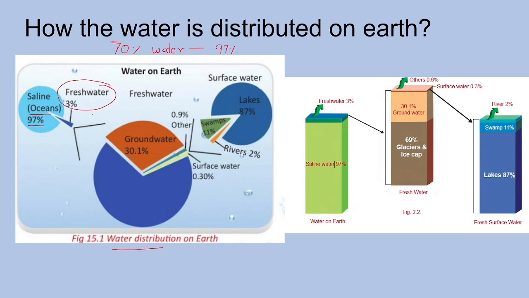Out of this 3% which is fresh water, 2% of it is in the form of ice and glaciers. So again we cannot use it. So we are left with just 1%, and out of this 1%, 30% is groundwater and around 70% of it is surface water. Out of this surface water, most of the freshwater sources are lakes and rivers, and the remaining are in the form of swamps.